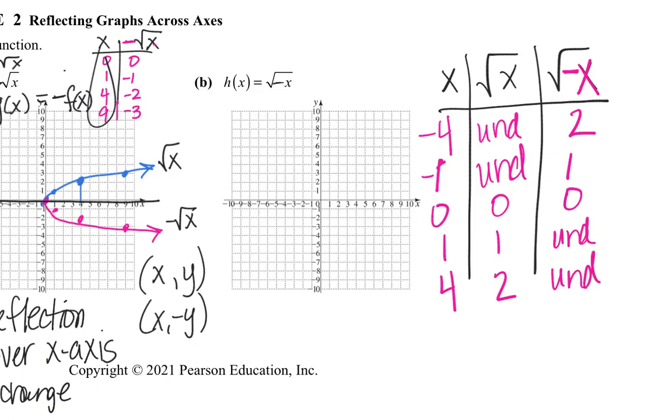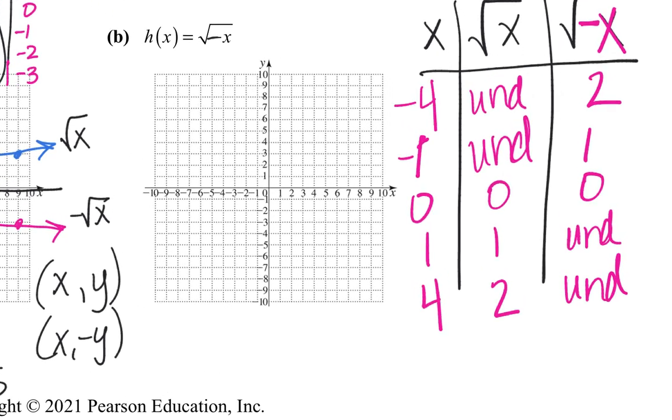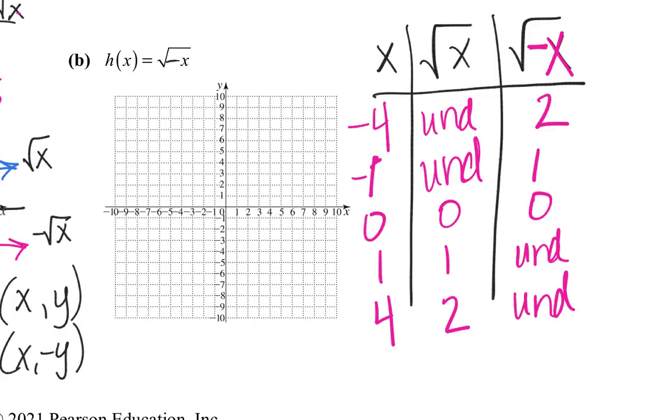So now when we plot both of these, we'll plot the first, just the regular square root first. I'm going to slide this over and enlarge it a little bit. So I can't plot negative 4 or negative 1 because it's undefined, but I can plot 0, 0. I can plot 1, 1, and I can plot 4, 2.